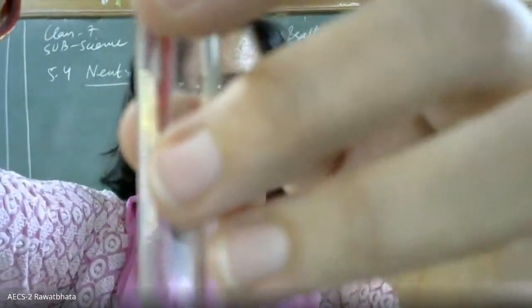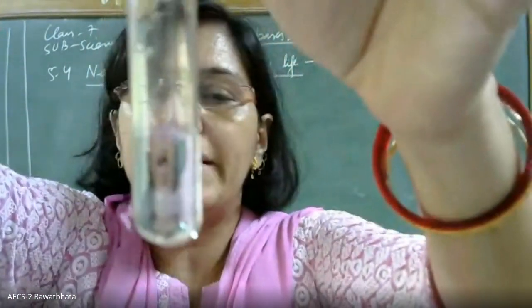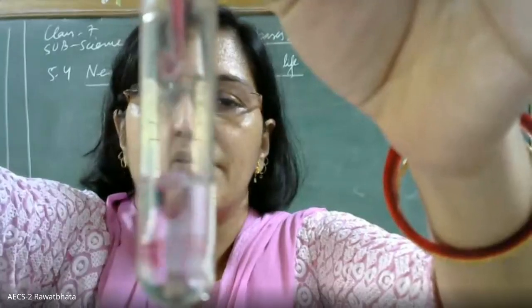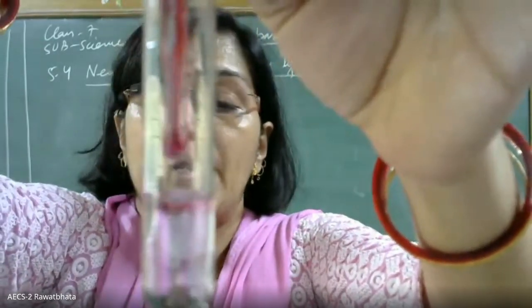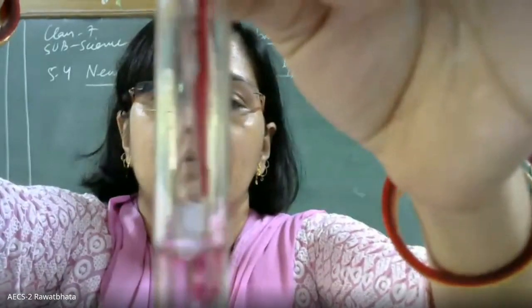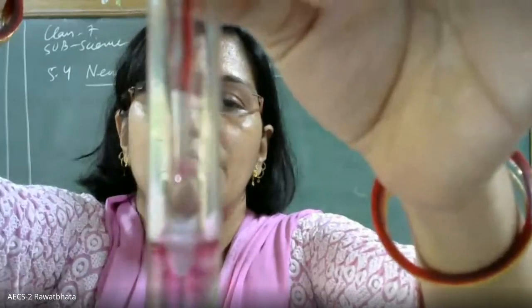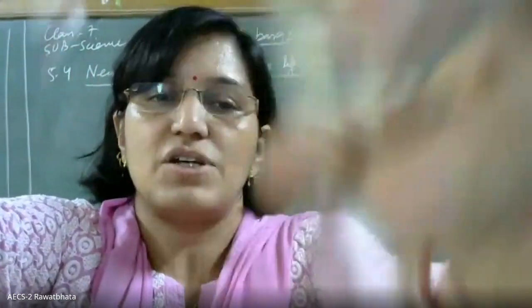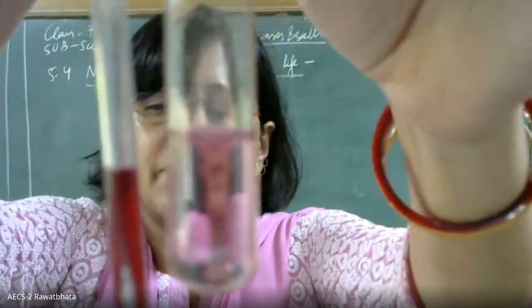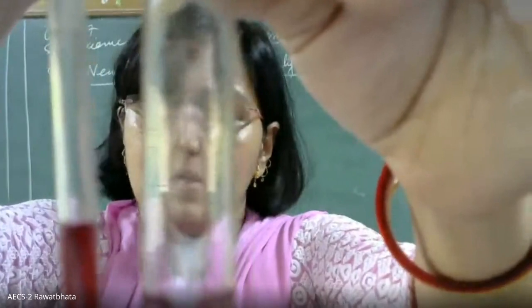It is definitely going to become lighter in shade. See the color difference. You can compare the one in the dropper and the one that is formed in the HCl. Can you see the difference in the color change? Yes, ma'am. Light pink. Yes, it goes light, right?